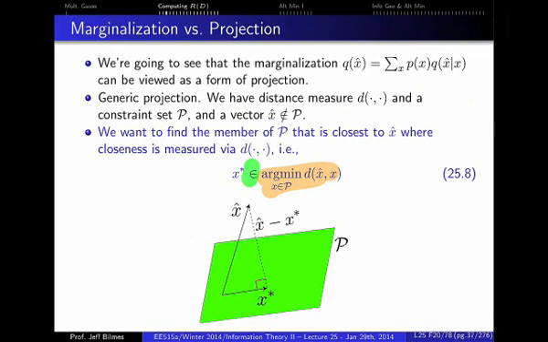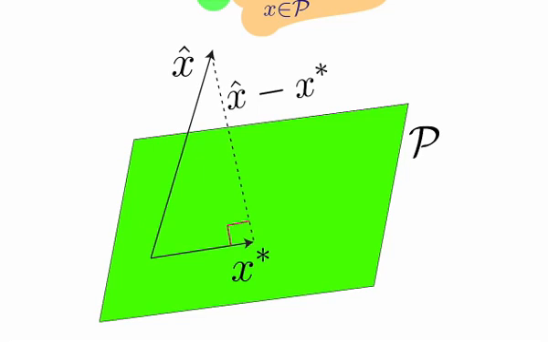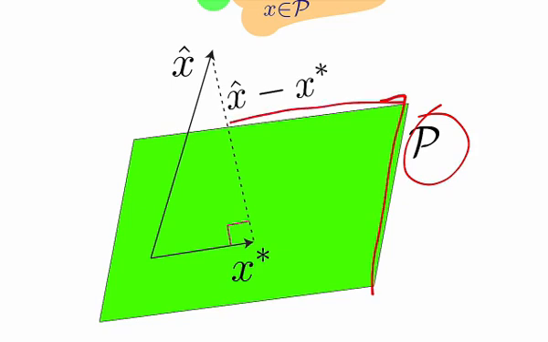Okay? And graphically, you can see it this way. So let's view our constraint set P as this plane. I have this fantastic figure which I spent time producing, and now I'm going to adulterate it by mucking it up with my annotations. But you can always zoom back, or I should say rewind, to the point of the figure where it was still unadulterated. But in any event, you've got this plane P, and you've got this vector here.